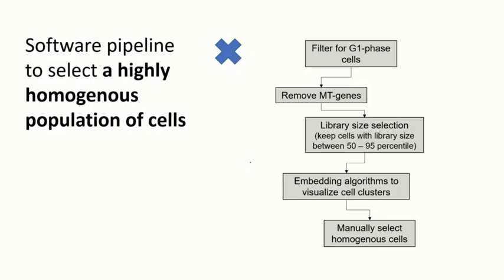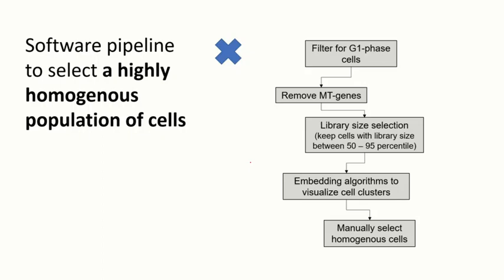We remove mitochondrial genes because each cell has a different number of copies of mitochondria. If you measure that difference, it probably only tells you the copy number difference of the mitochondria. We don't know how to interpret that. So we remove mitochondrial genes and also control library size.